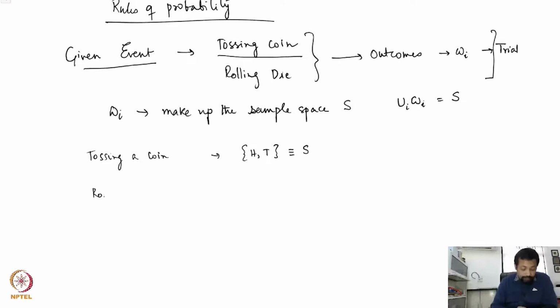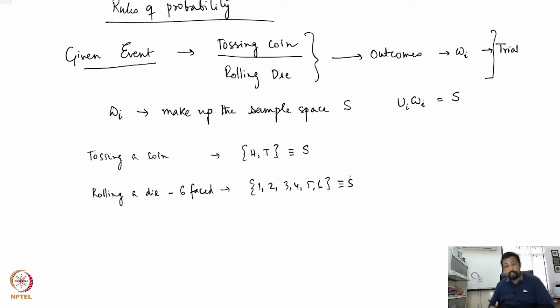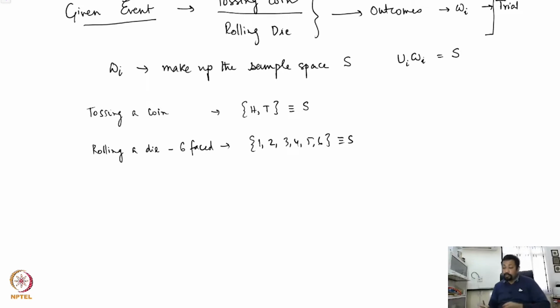For rolling a die, let's be a little more specific, a 6-faced die, the sample space is 1, 2, 3, 4, 5 and 6. All the outcomes taken together form the sample space. The choice of sample space clearly depends on the type of event and the type of probabilistic question you are asking, right?